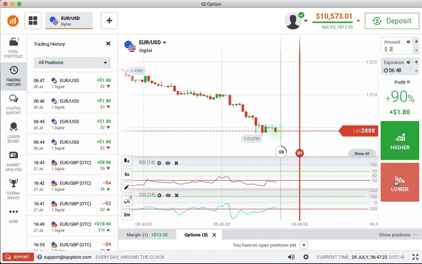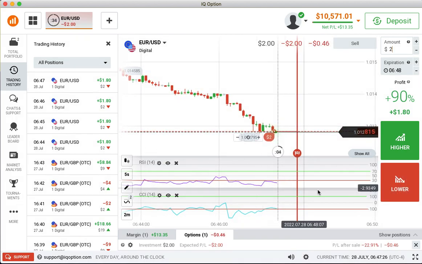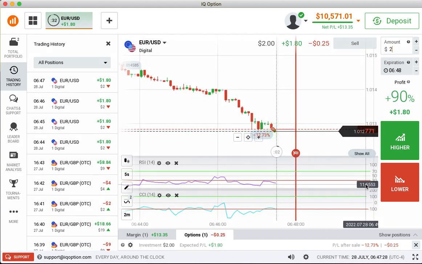Alright, so we wait, 876, last 5 seconds, and we sell because both indicators are under their respective halfway points.